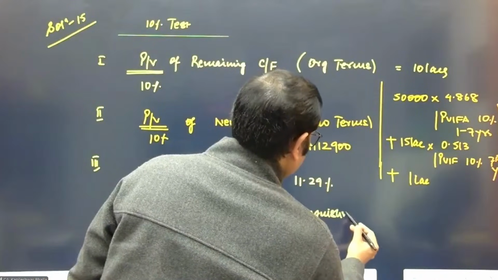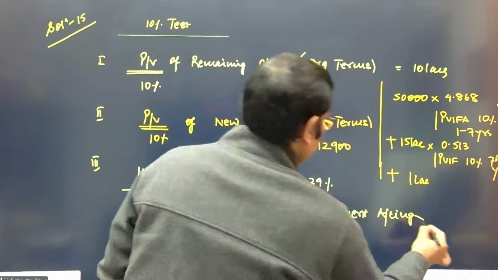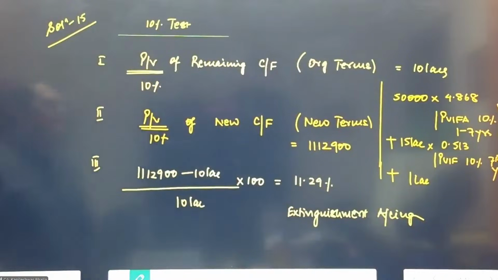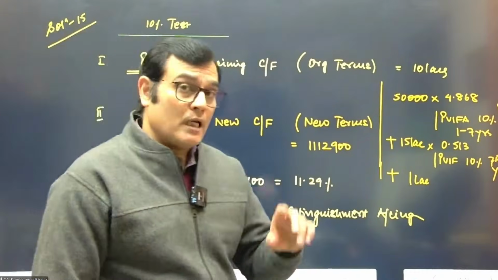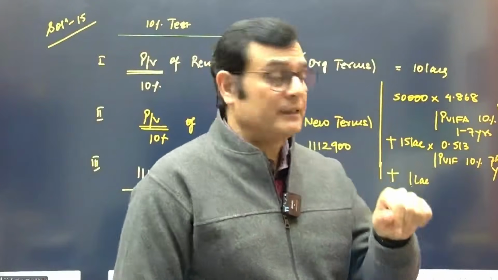This proves it, because the change is more than 10% in this case. Once you have identified that this is a case of extinguishment accounting, we now need to apply it and put a journal entry in the books.